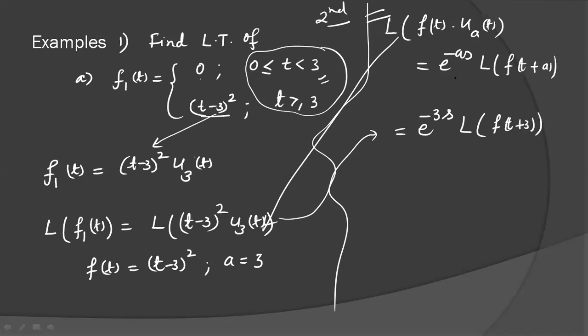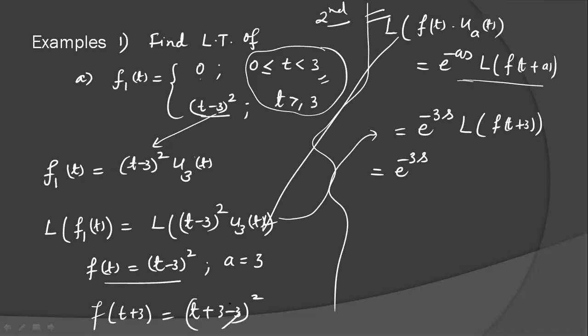Because a is 3, if you use this result, e to the power minus 3s, and f(t plus a) means f(t plus 3). If your f(t) is (t minus 3) whole square, what will be f(t plus 3)? It will be (t plus 3 minus 3) whole square. The 3 is cancelled out, it will become nothing else but t square. So it is Laplace of t square.